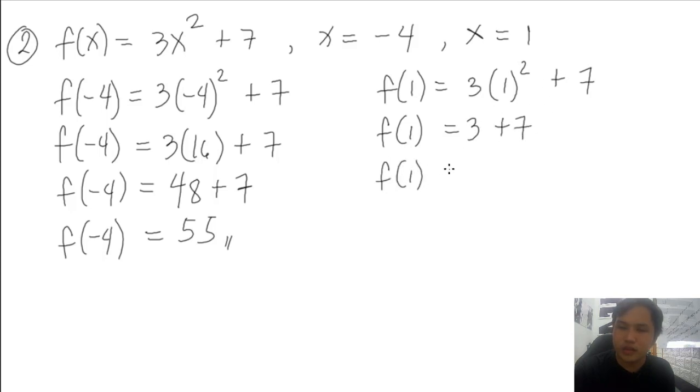F of 1 is equal to 10. Ulitin natin, replace the value of the variable with regards to the given. Kung ano yung binigay na value ng variable, yun yung ipapalit natin. So, the first examples, yung number 1 at saka tong number 2 are examples of polynomial functions.